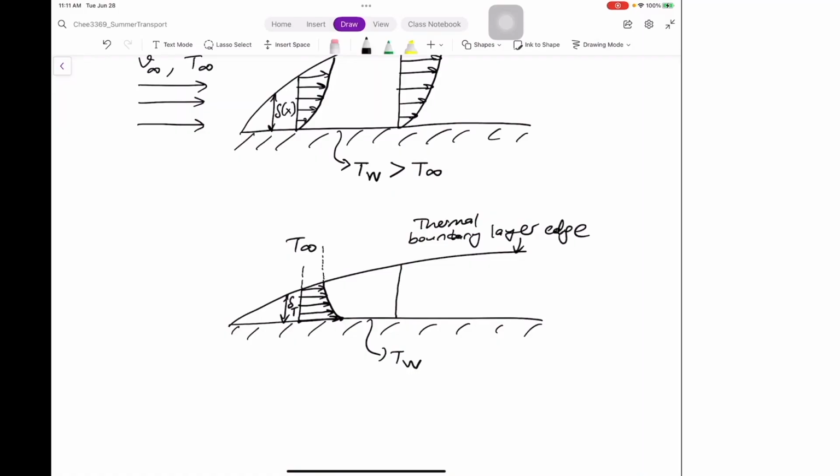That's why you have a larger boundary layer thickness at a larger x. So this is my T wall, and this goes on like this, where the profile becomes flat.